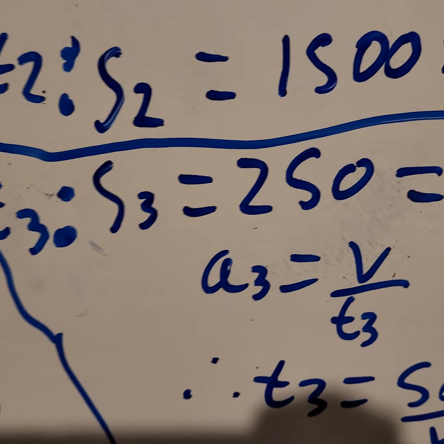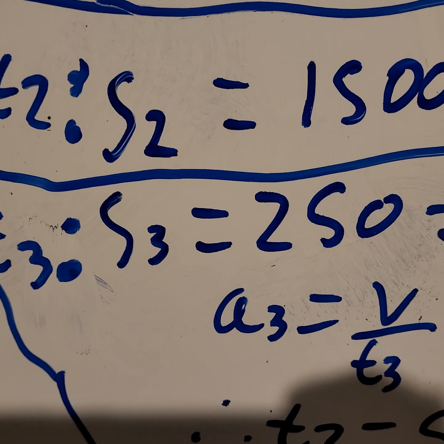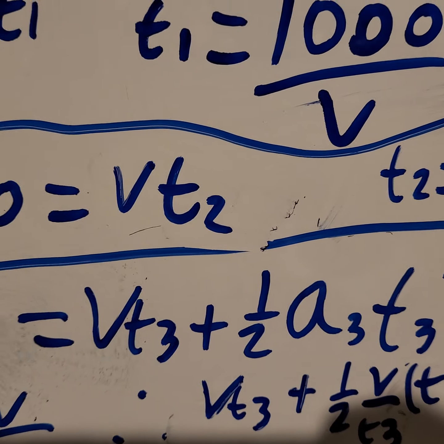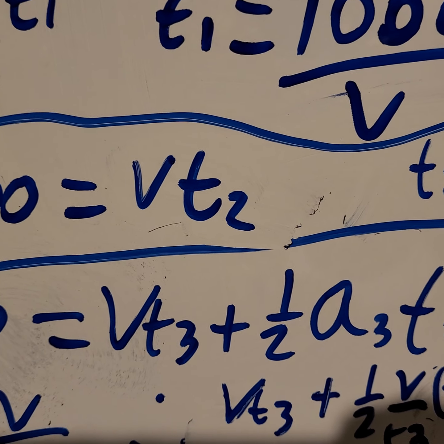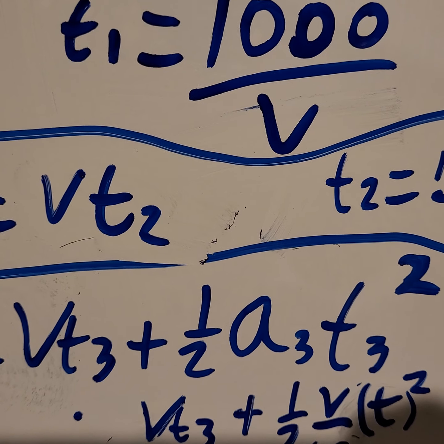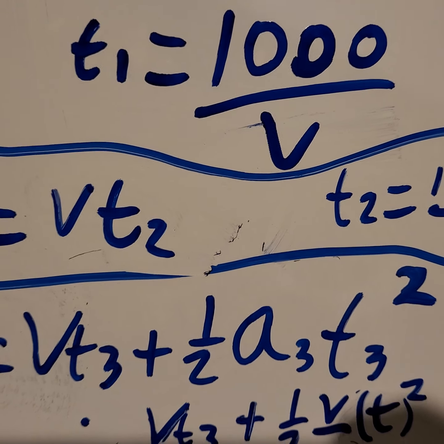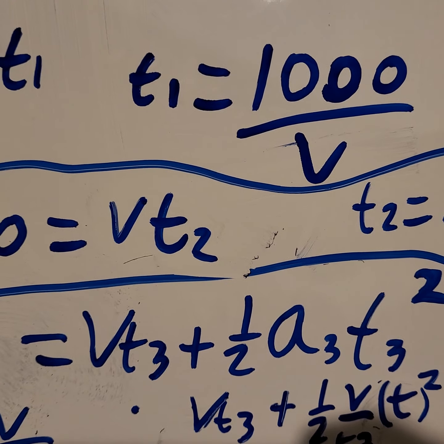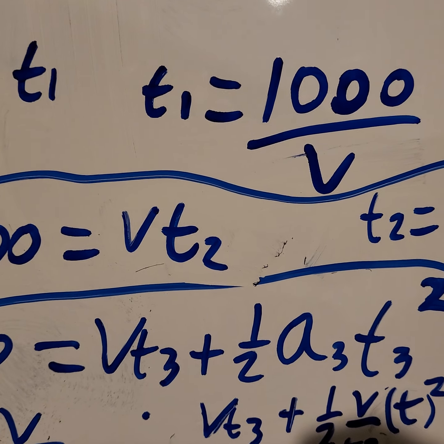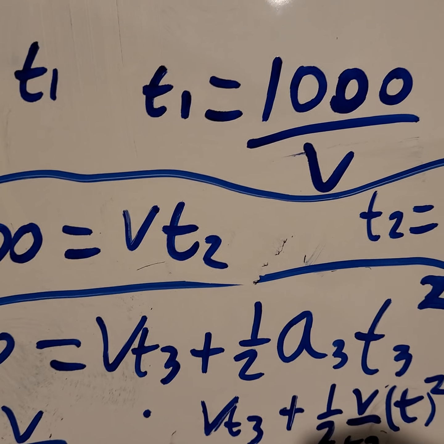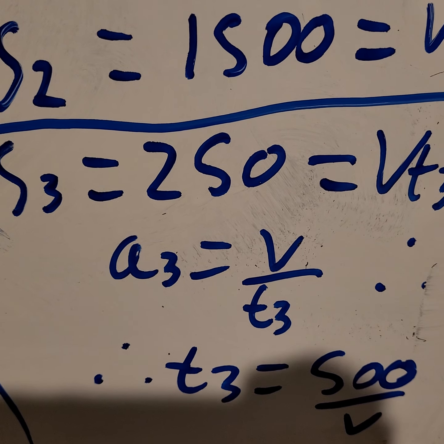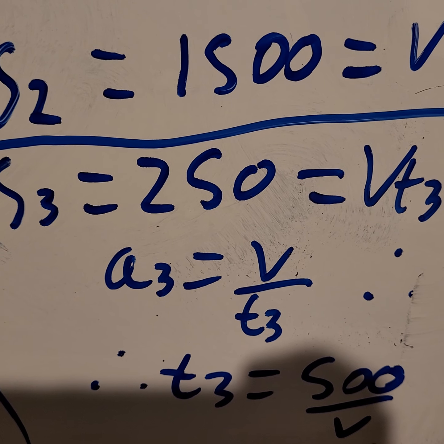For the next part, we can say our final distance is equal to 250, and that's equal to v multiplied by t3 plus half a3 multiplied by t3 squared. So that equation is basically the same one we've been using the whole time. So from there, we can rearrange it to say that our acceleration a3 is equal to v over t3.